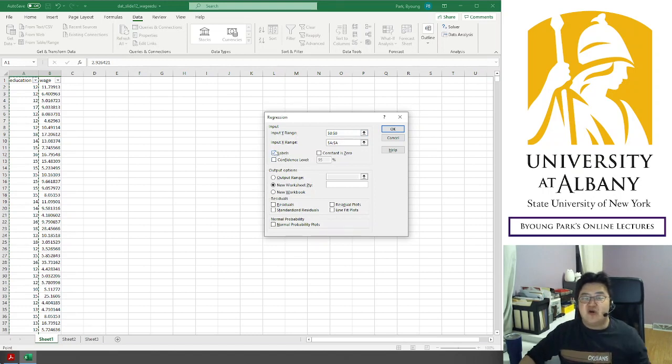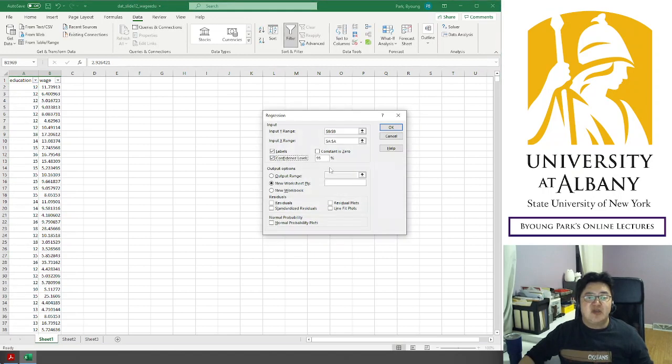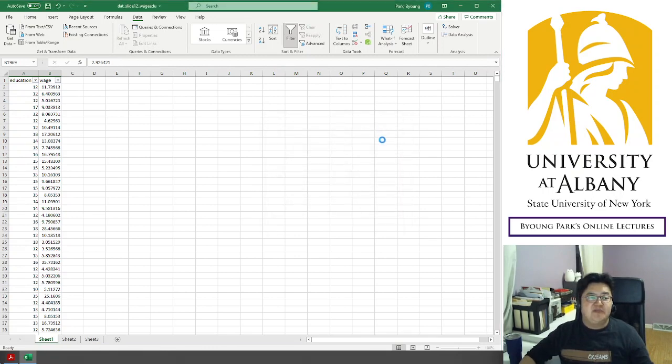Here I will show you a few options, like you may change the confidence level to say 99%. Then in the results you are going to get 99%. And if you check this box, then the results will come with a scatter plot. Let's try.